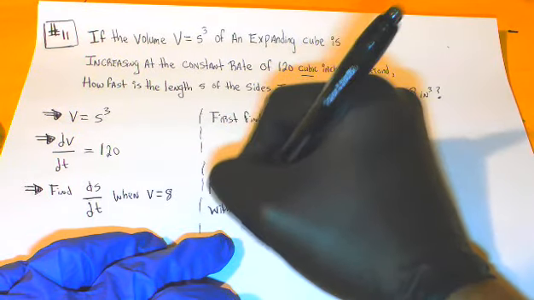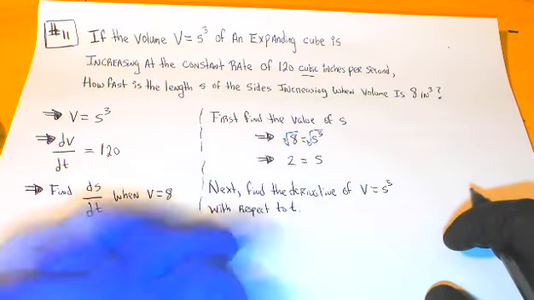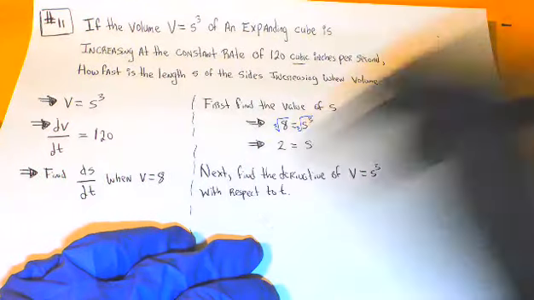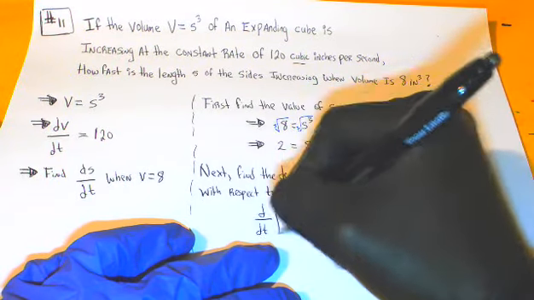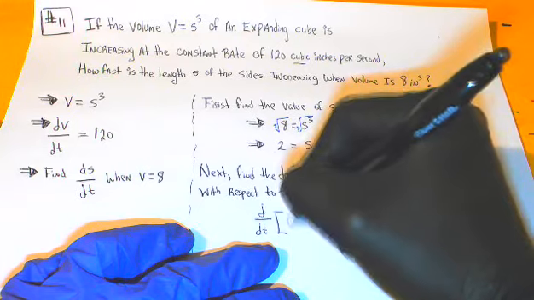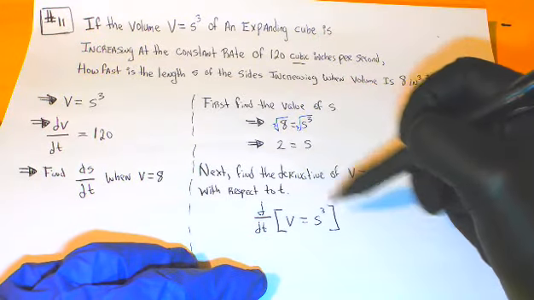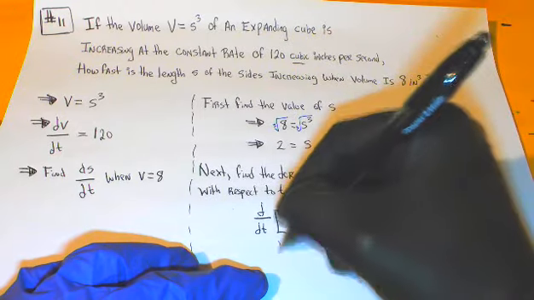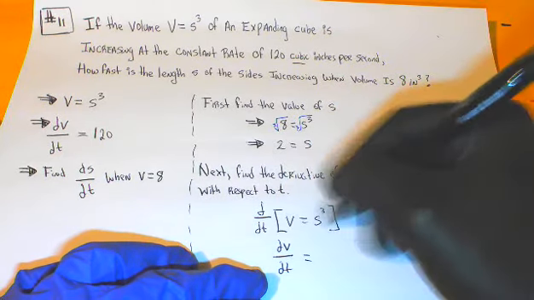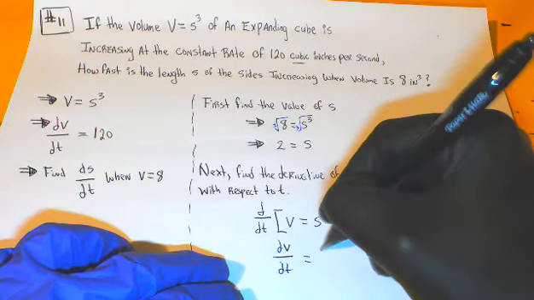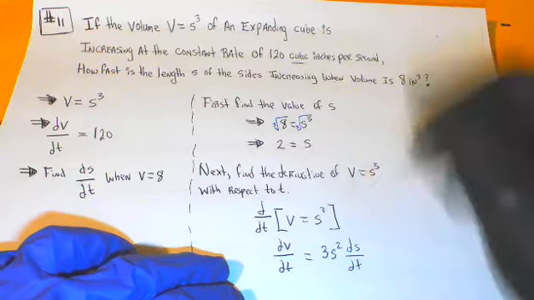If we take the derivative with respect to t, we get dV/dt equal to 3S squared dS/dt.